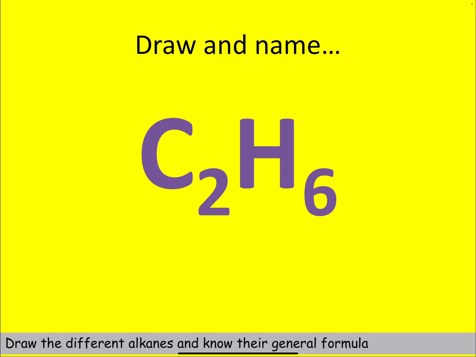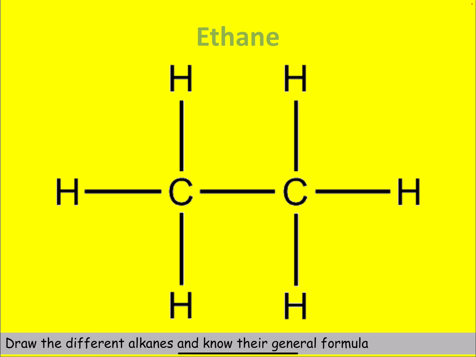Okay, let's have a look. There you go, and it's ethane. Still single bonds, and ethane, A-N-E, means it belongs to the alkane family. All single bonds, and it's a saturated molecule.